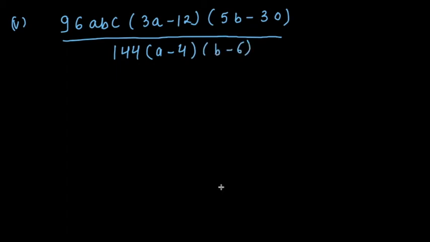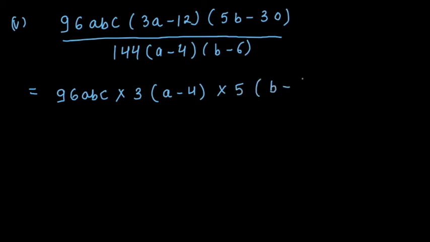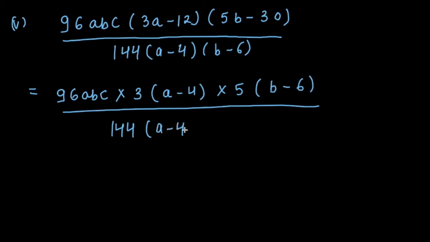So this seems to be complicated, but this question is again a direct question. Write it as 96abc. What is common from the first bracket? 3 is common. I can write a minus 4, into, from the second bracket, 5 can be common. Then you are left with 5 6s are 30, so it is b minus 6. Again I am writing 144, a minus 4 and b minus 6 as it is.